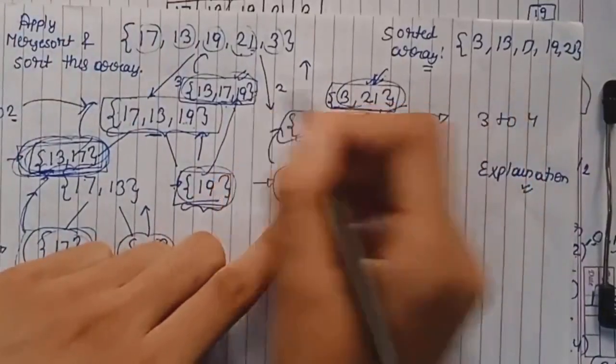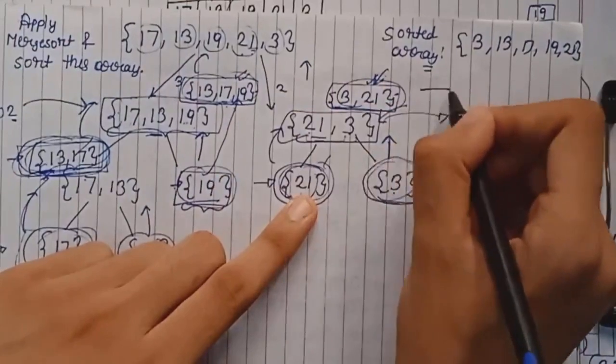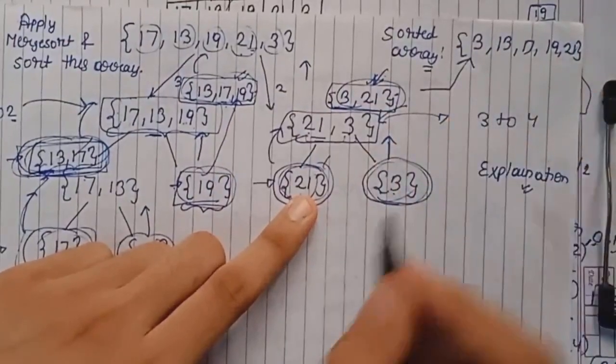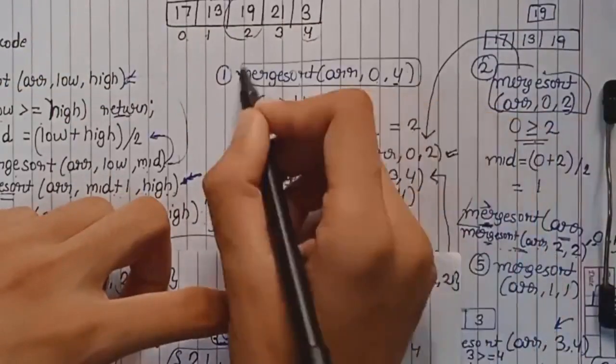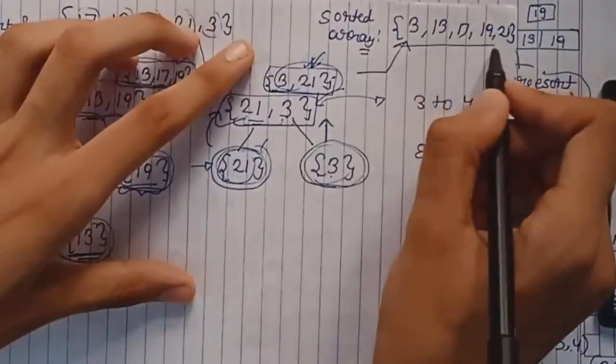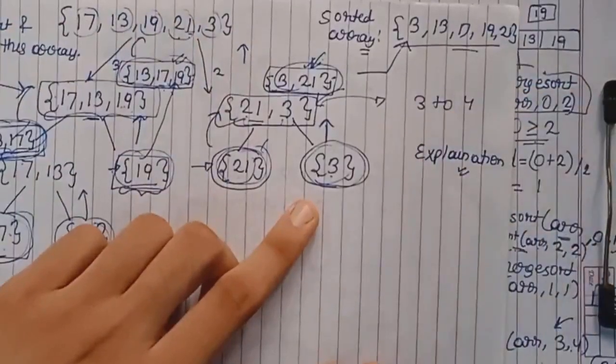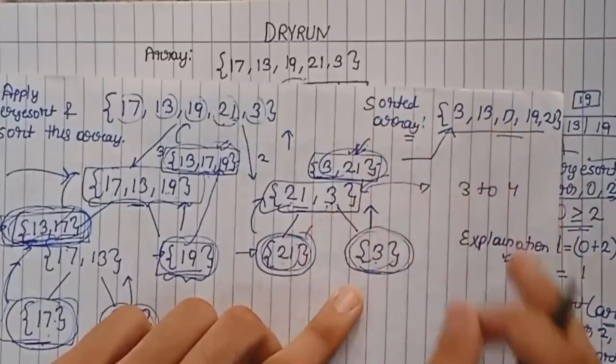After merging these two sorted arrays, we are going to get this. So after the call for this merge sort function, we have got this sorted array as our answer. I hope that this is clear to you.